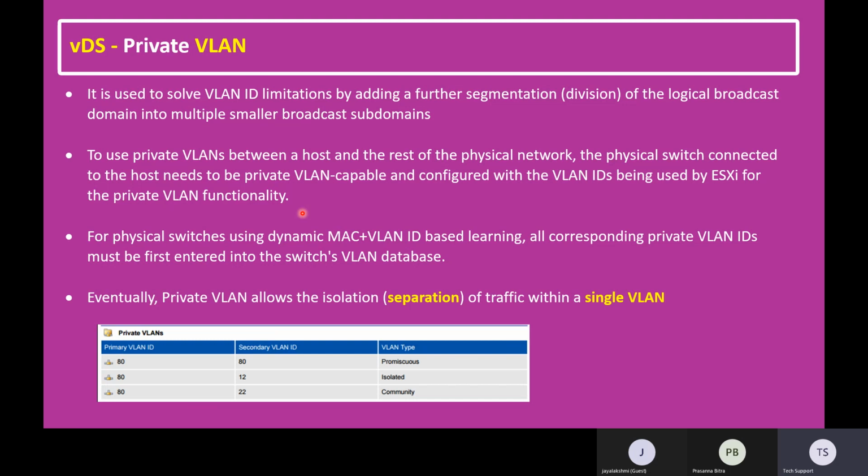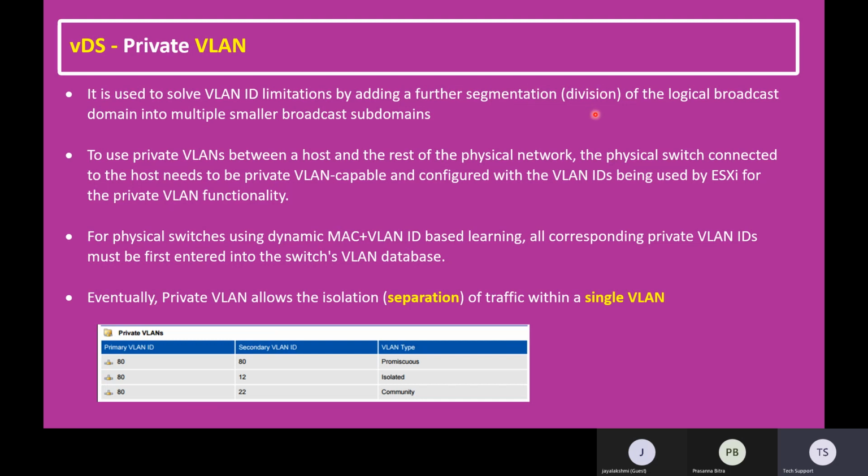Isolate means separate. That network should not be visible to the external world, either internal or external. That concept is called private VLAN. I will explain it from this slide. It is used to solve VLAN ID limitations by adding further segmentation. Segmentation means division.